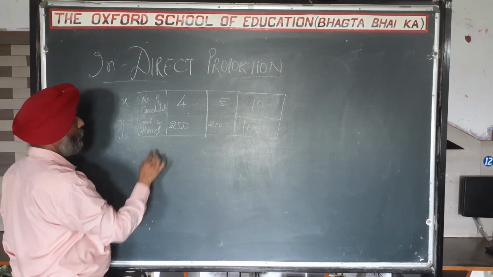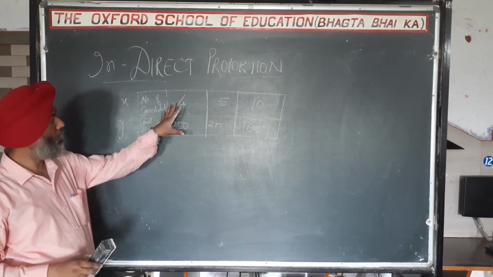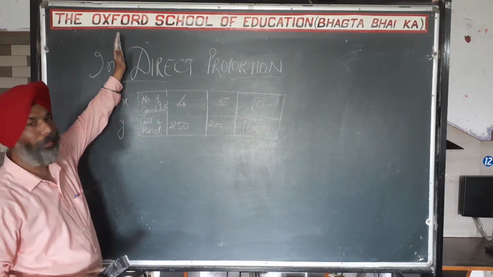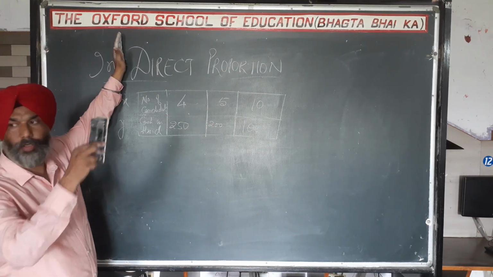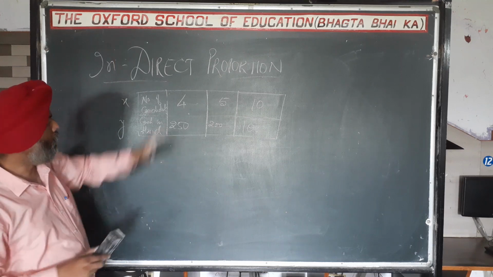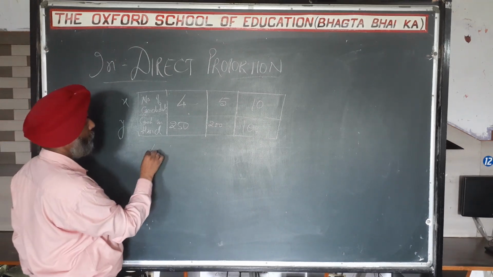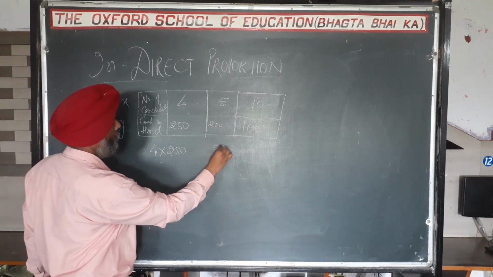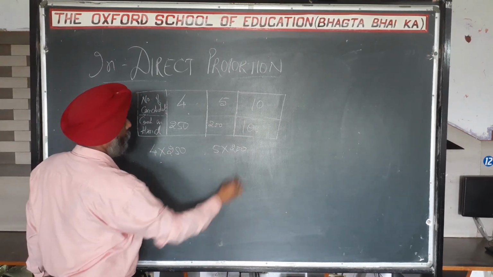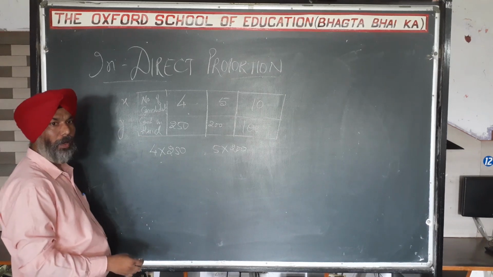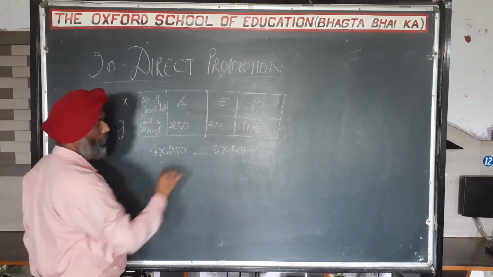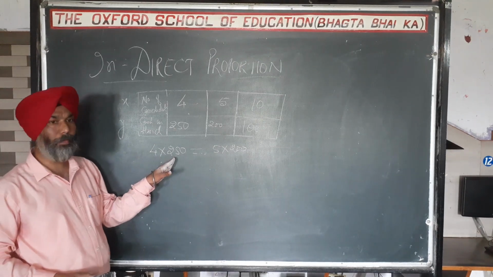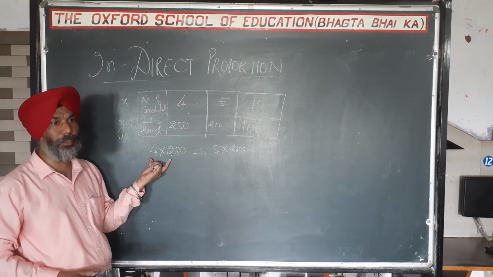Okay, so my question was, early on what you are observing here in direct: we observe the ratio, X is increasing, Y is increasing. Here what are we observing? Nothing like this. Inverse relation. So X1, Y1, X2, Y2. Are you agreed with me that the product of these two quantities is going to be equal?